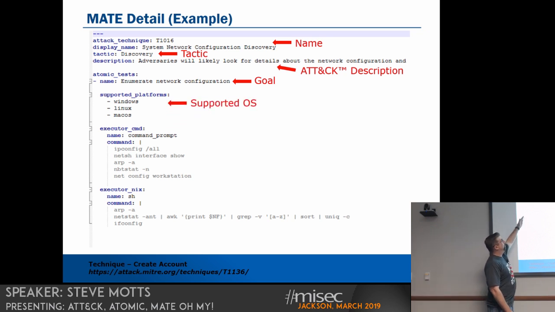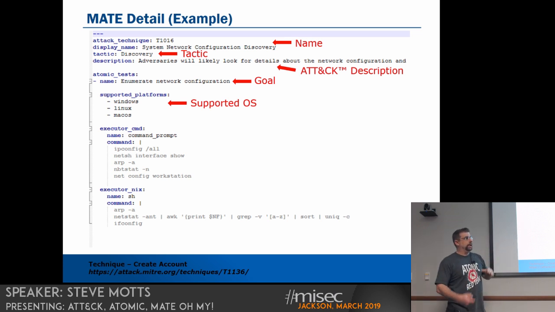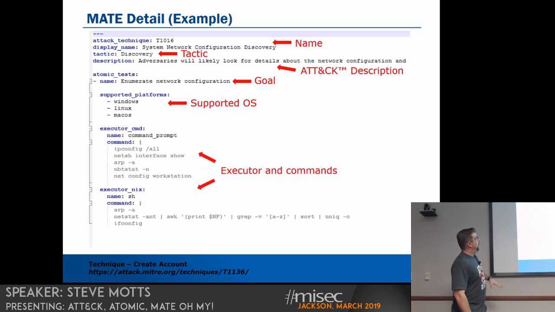I moved the platforms. The only reason I did that is for the automation piece that you'll see later. And then these are the executor and commands. Even though it does not support Linux, I still include the Linux commands there. They just won't trigger or run because it's purposely commented out, and there isn't an executor written for Linux or Mac.